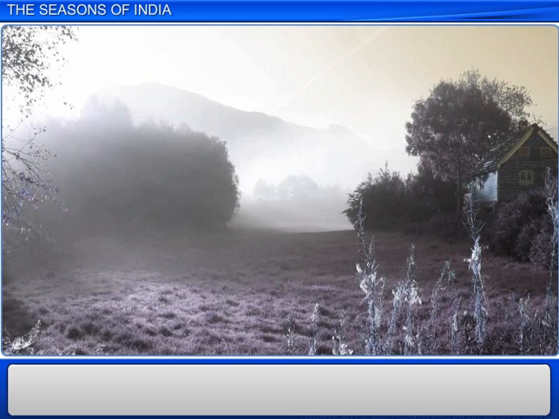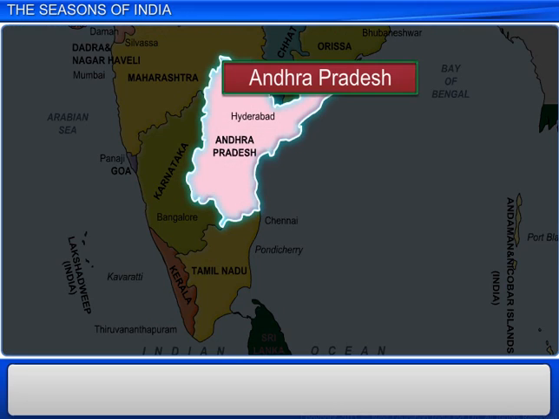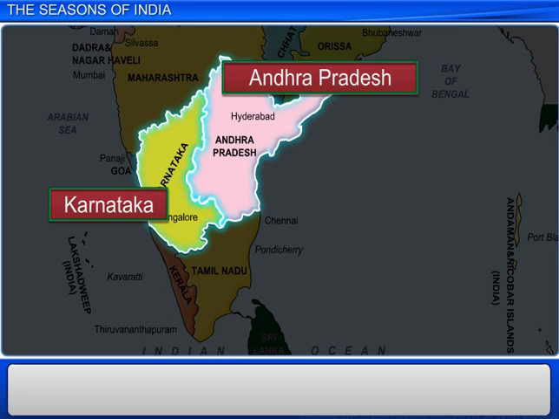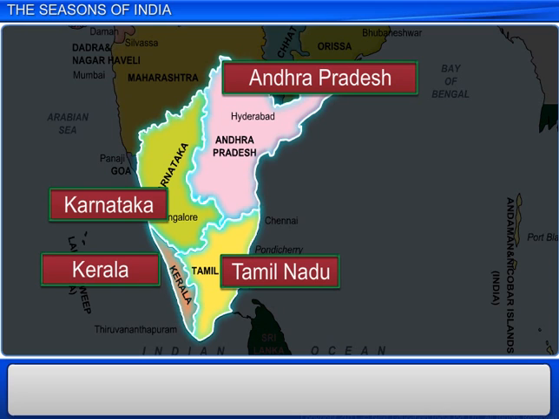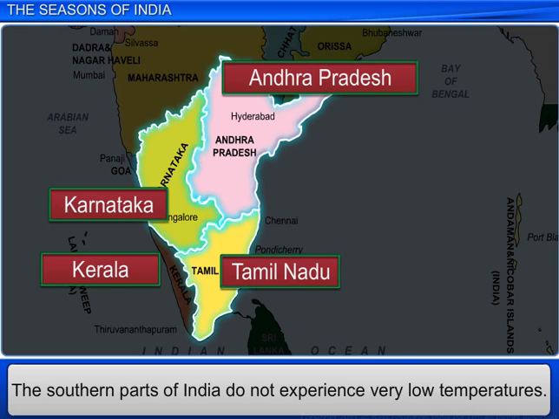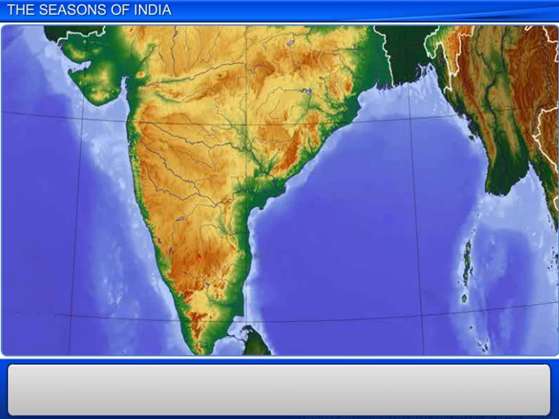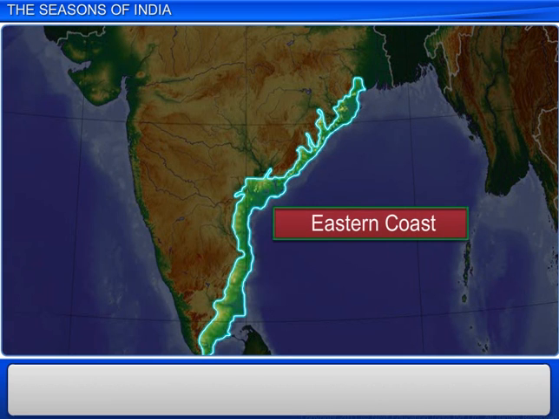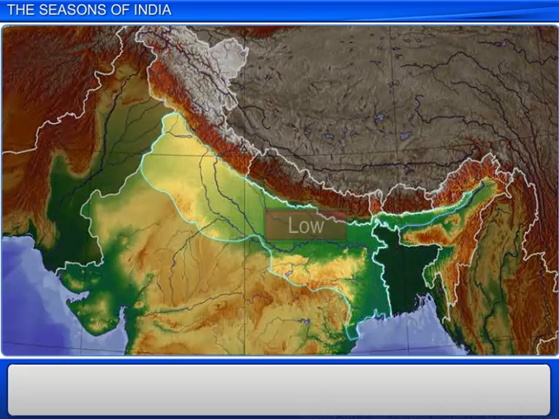By contrast, the southern parts of India do not experience very low temperatures. On the eastern coast, the average winter temperatures are high as compared to the average temperatures in the northern plains.